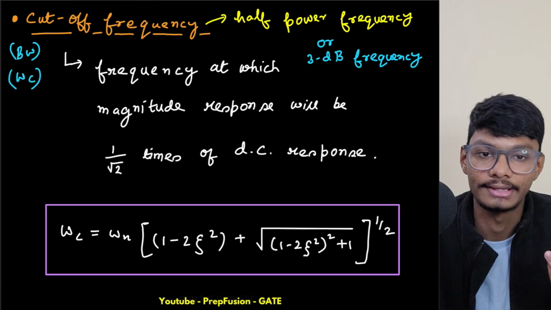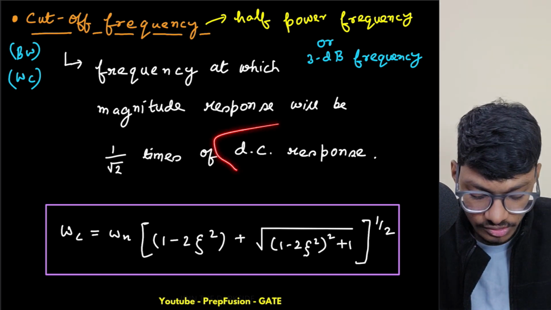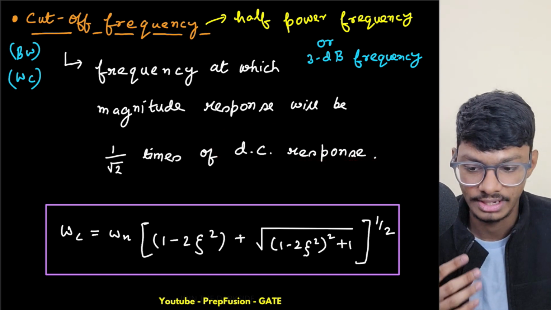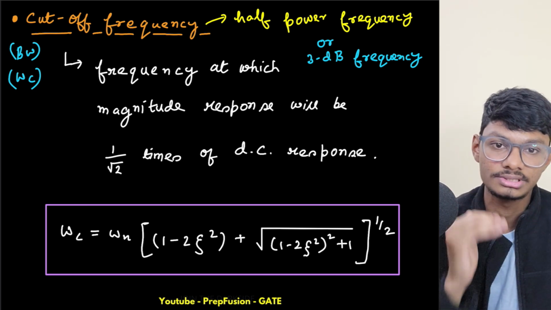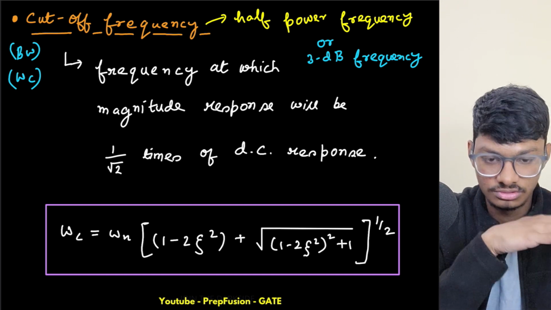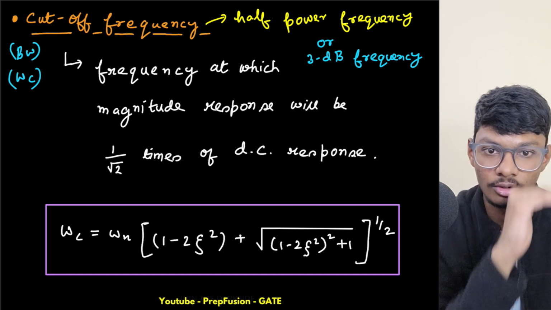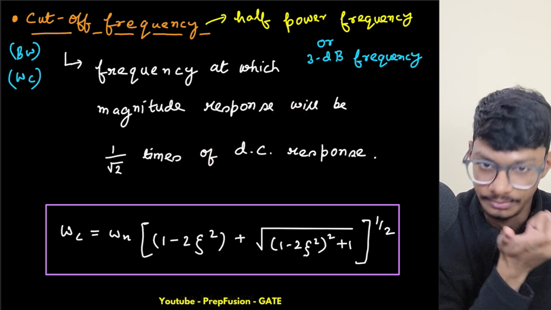Now one thing I skipped over there during the explanation: why do we choose this DC response? If someone has already studied bandwidth, they will tell you that for a low pass filter it is a DC response, but generally we choose the peak, the 3 dB down from the peak, as the bandwidth. But here we're choosing the DC response, which is not the peak.